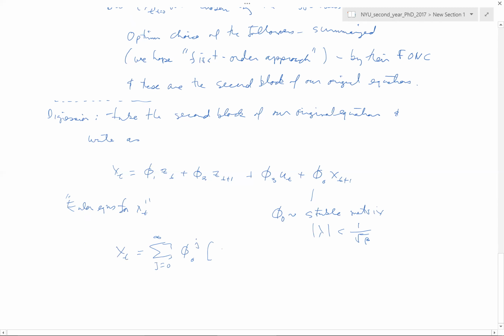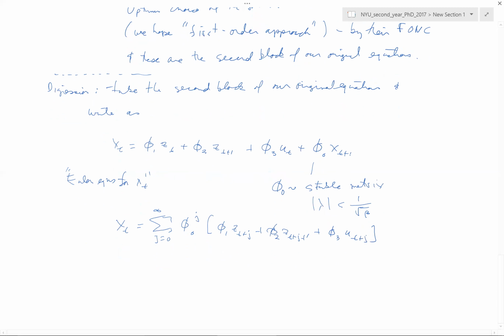It's a matrix geometric sum of future z's and current and future u's. So this equation is telling us that future u's affect x0, x1 up to xt. This is what this is telling us.